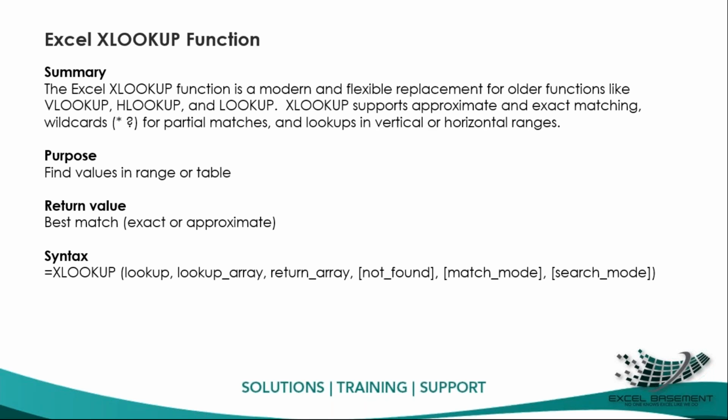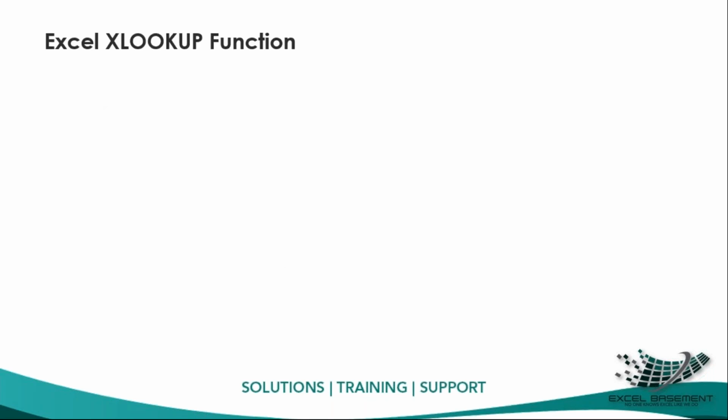Then not found: if the value is not found, what we need to have in this argument. Then match mode and search mode. Let's understand the arguments first and the advantages of XLOOKUP, and then we will go towards the demonstration side. So the first argument is the lookup value.